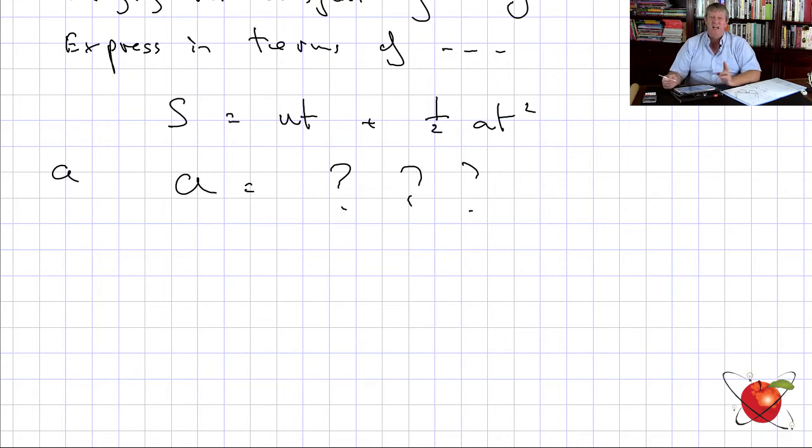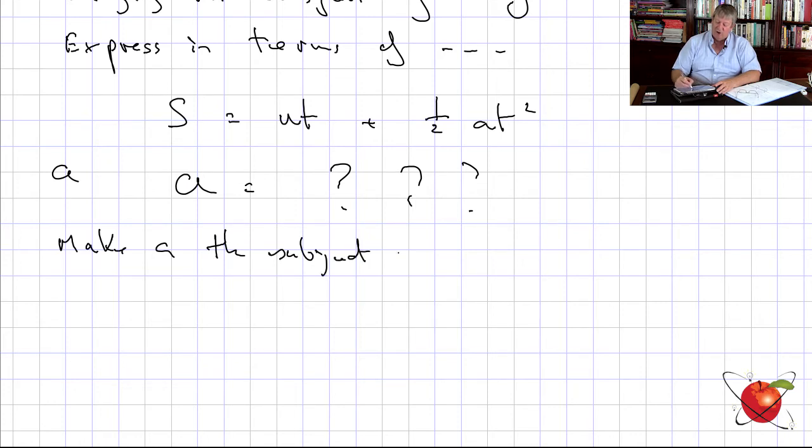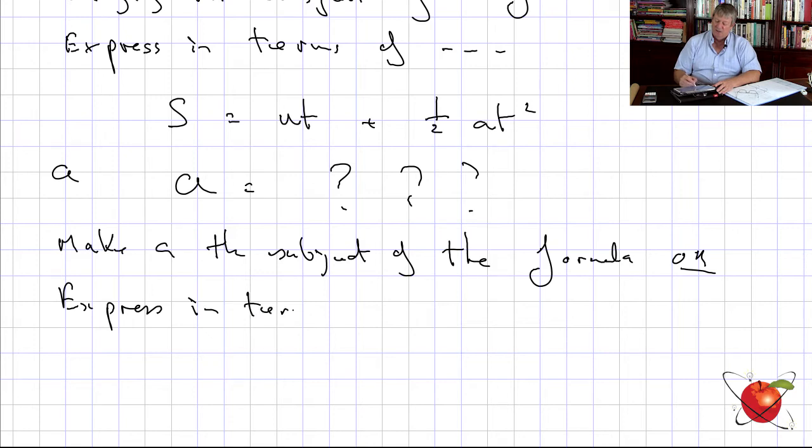Or they could say express in terms of a. They mean the same thing.